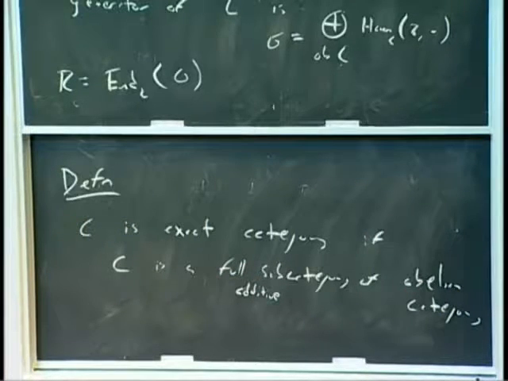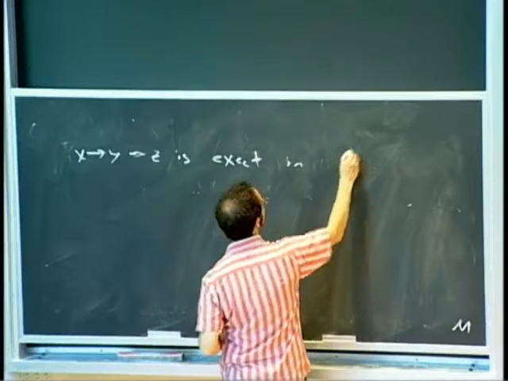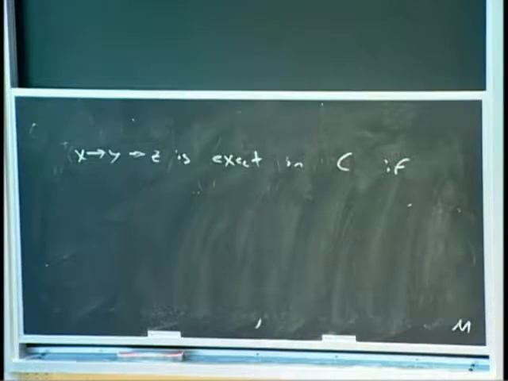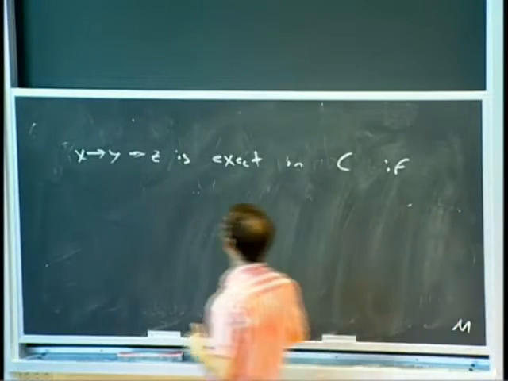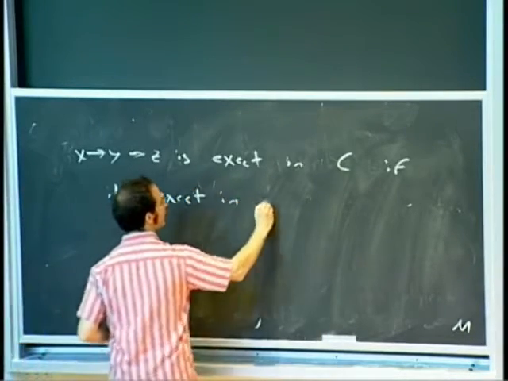And so we'll say, let's not use A anymore. Let's use x to y to z is exact in C. Let's give this abelian category a name. Maybe we will call that A. It is exact in C if it's exact in A, right?